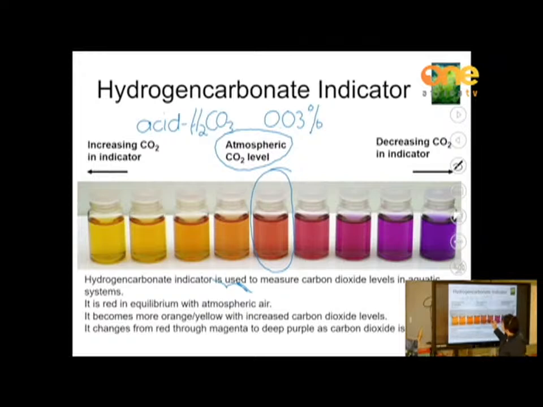And as the color changes from red, orange, bright orange, or almost yellow, and yellow, we have an increase in carbon dioxide. So when we are in an aquatic system, that means a water system, and the carbon dioxide decreases, it will change to red, pink, magenta, and purple.